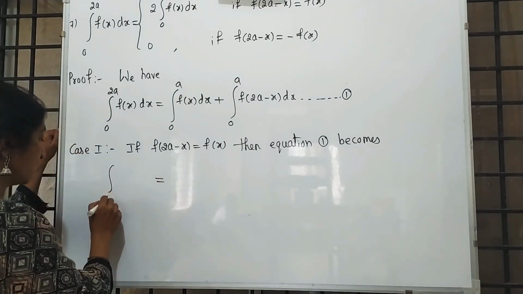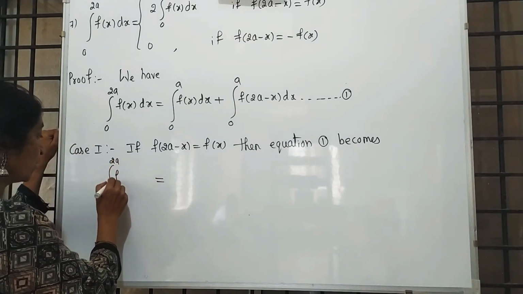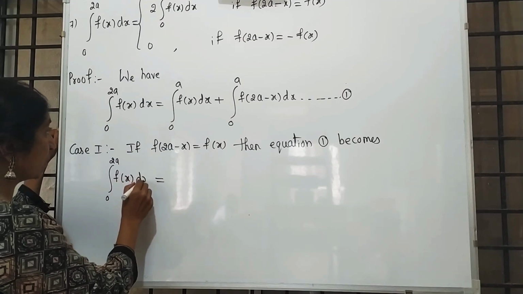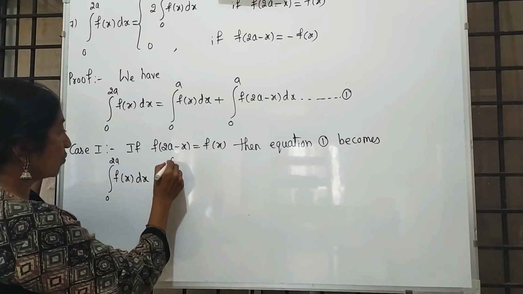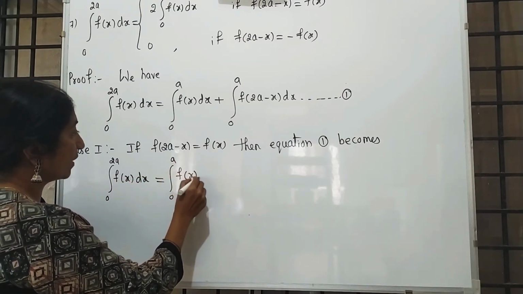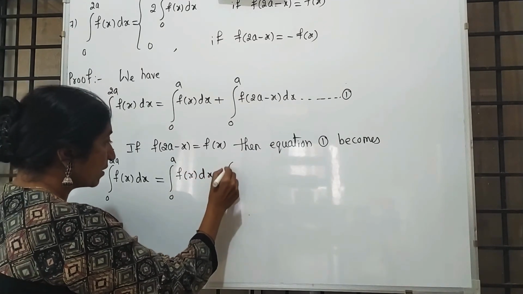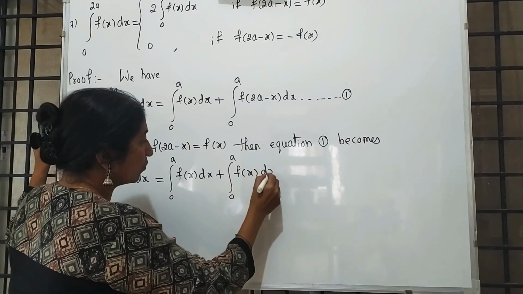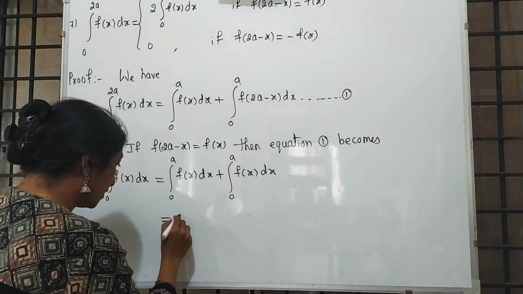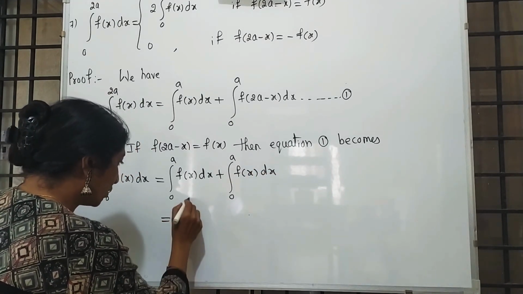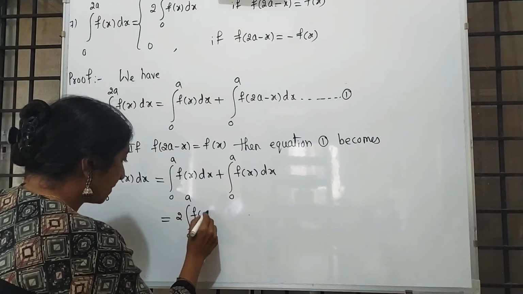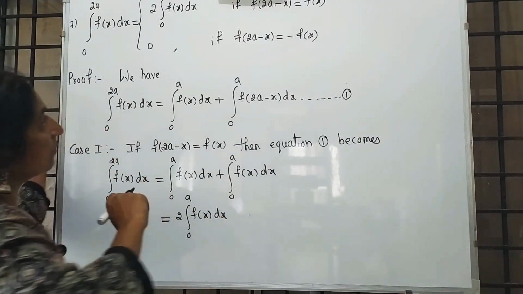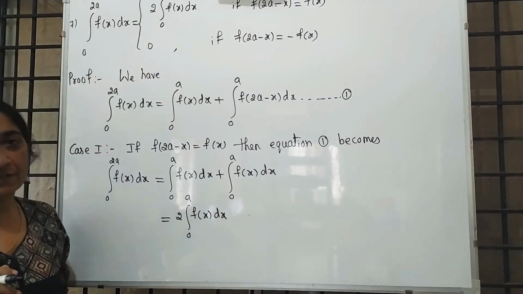Left side as it is, 0 to 2a f of x dx. This is 0 to a f of x dx plus 0 to a f of x dx. When you add these two, it is 2 into 0 to a f of x dx. See, that gives you the first result.